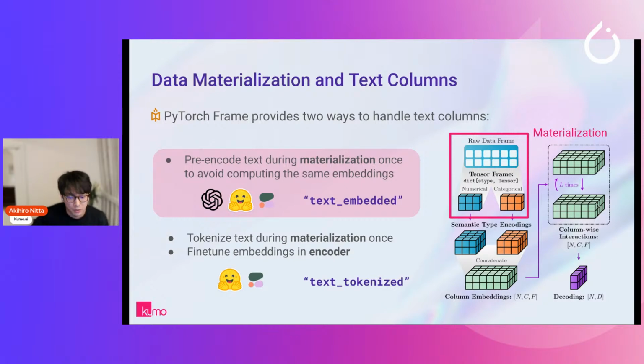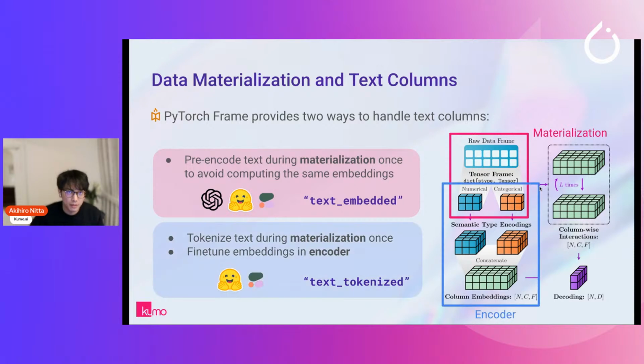Another way is to also jointly train your text models with tabular models. And how this option, the text tokenized semantic type, works is that it first tokenizes text during materialization once, and then later in the modeling part, you will fine-tune embeddings, train embeddings in the encoder part.